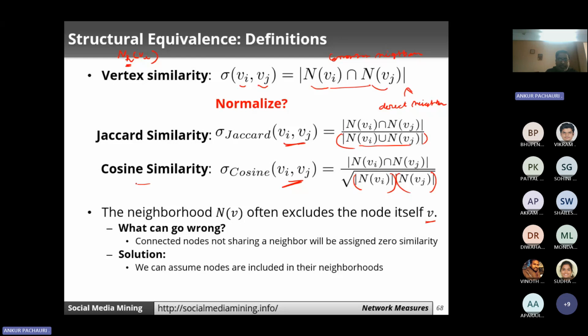If I'm normalizing by the product of the individual sizes of the neighborhoods and then taking a square root, it may be that this set becomes bigger.